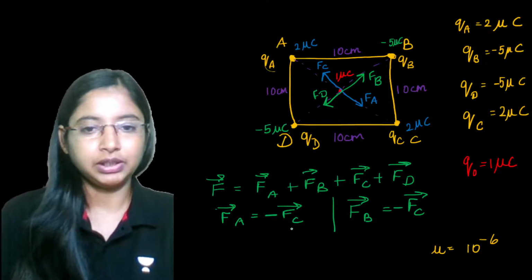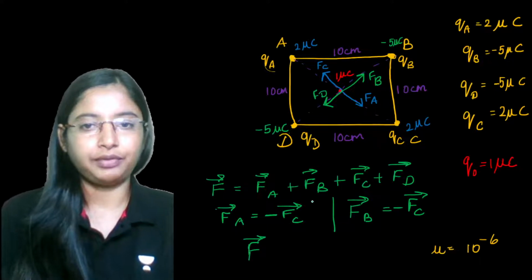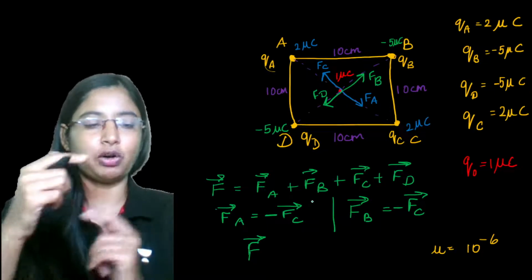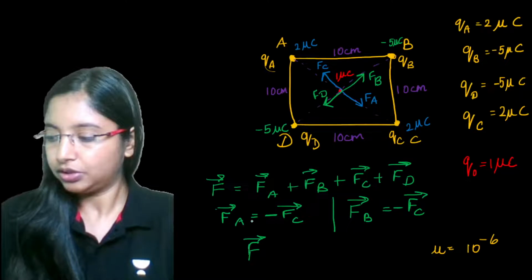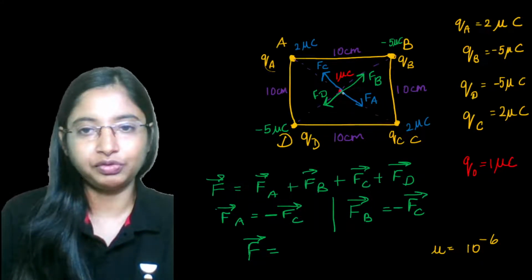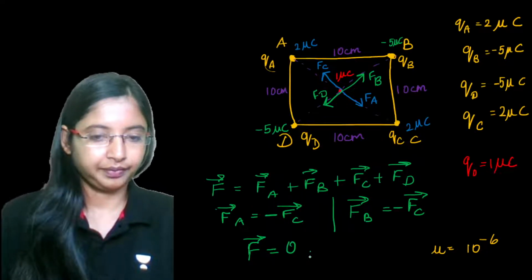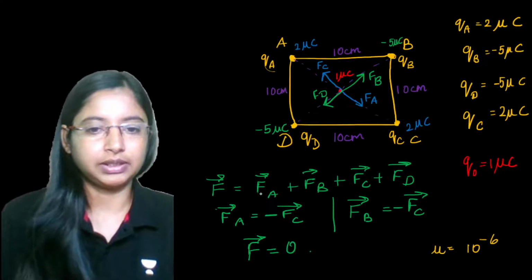So from here, if you substitute, what will we get F as? The forces are of equal magnitude but act in opposite directions. So the total force experienced by the 1 microcoulomb charge in the center would be 0. Clear? This is the answer to your question.